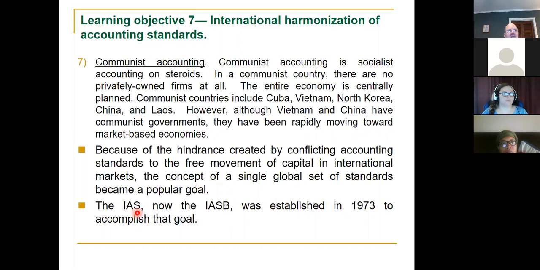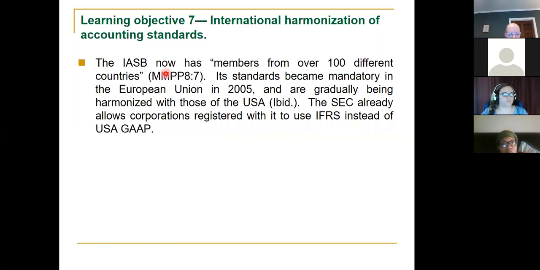The International Accounting Standards Board was established in 1973 to accomplish that goal. It now has members from over 100 different countries. Standards became mandatory in the European Union in 2005. They're gradually trying to harmonize their standards with the USA.